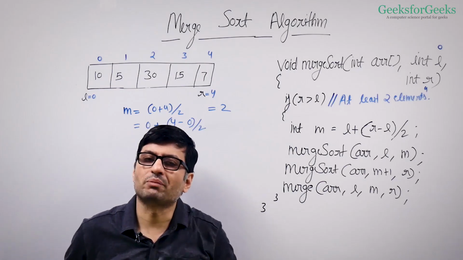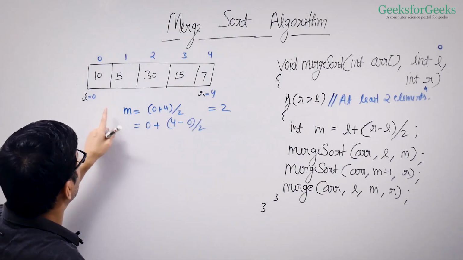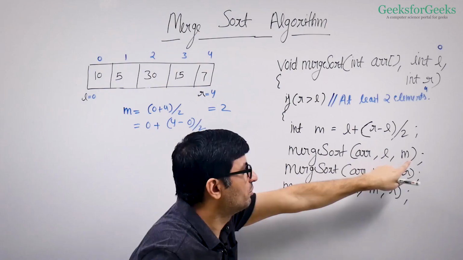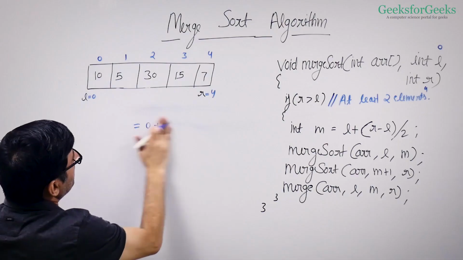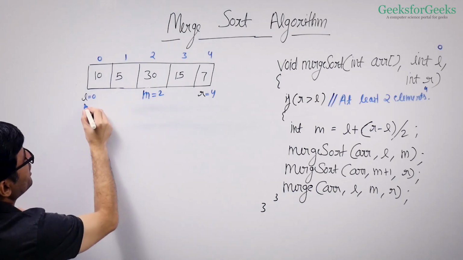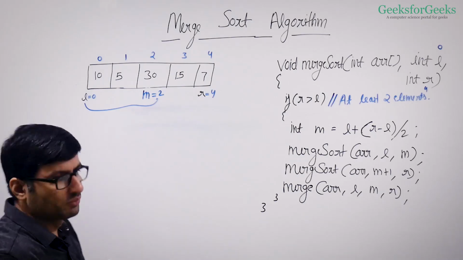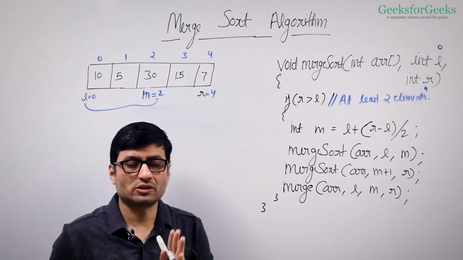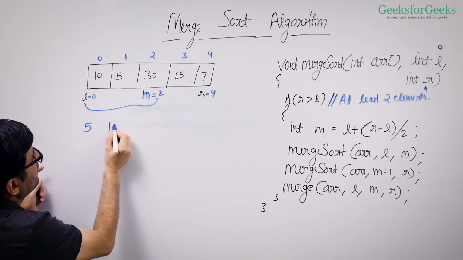After finding the midpoint, we recursively sort the array from L to mid. So we have the midpoint M as 2, right? This is where M is. We recursively sort this half, and we assume that our merge sort function works. So this is going to sort this array to 5, 10, 30.